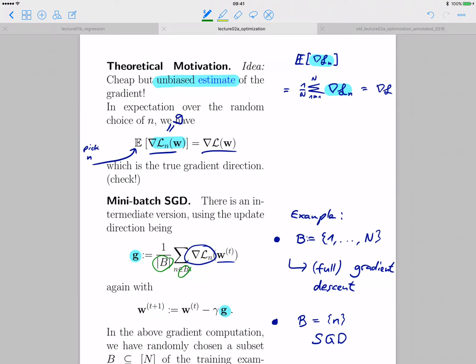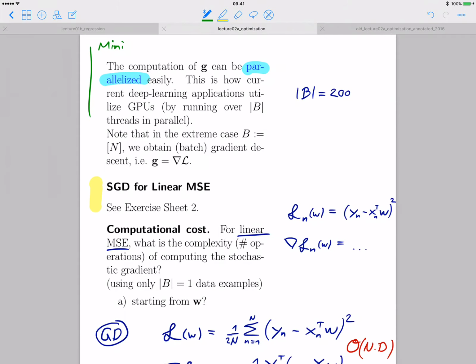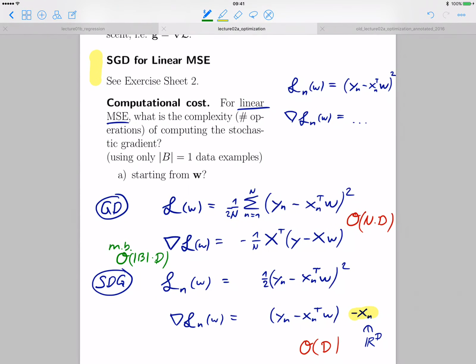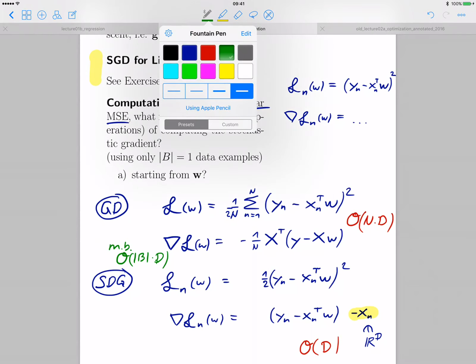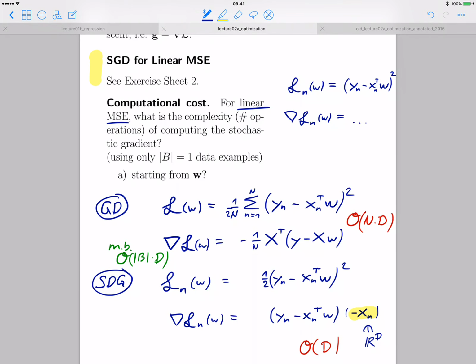And I build the average of them. Sorry, I here wrote B as a set, but it can also be a number. So you can write it as a set, yeah. Okay, other questions? I make a little bracket here, not too confusing.